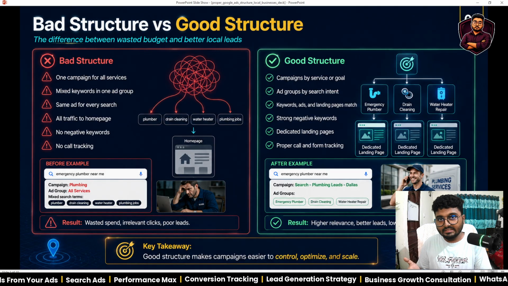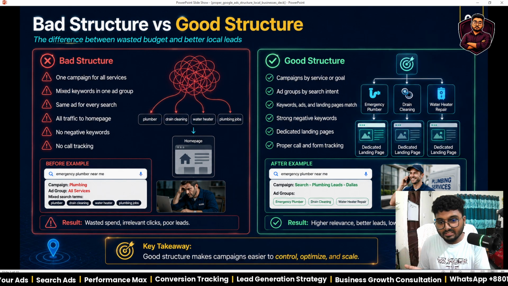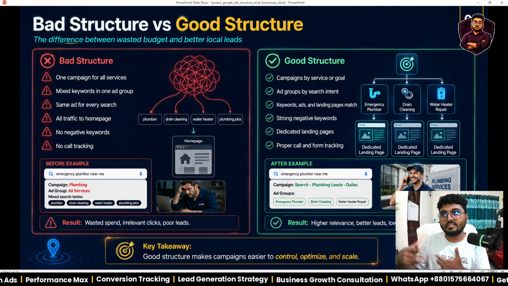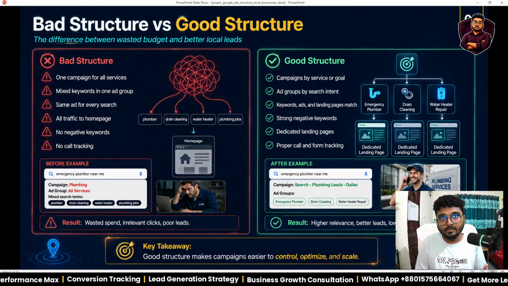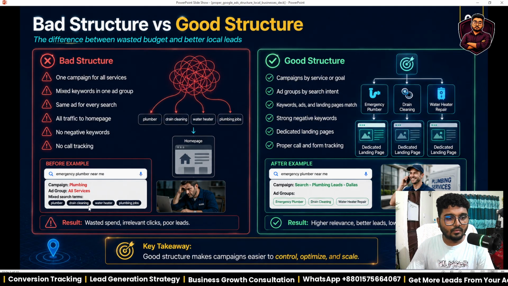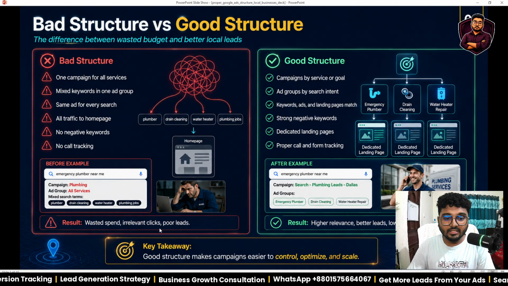You will not get any expected lead or call. You will get random fake clicks from different types of countries, different types of areas, which will not work for you. So the result: wasted spend, irrelevant clicks and poor leads.